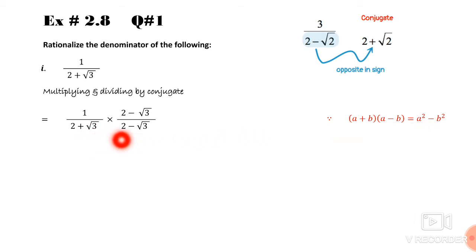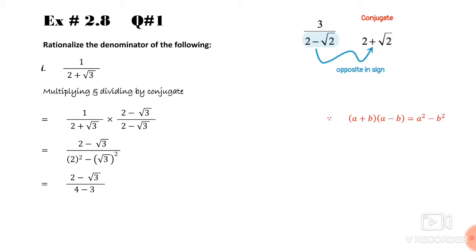When applying formula in the denominator, we will put 2 as a and square root 3 as b. Applying formula, we will get 2 minus root 3 in the numerator and 2 square minus root 3 square in the denominator. We cannot solve numerator further, so numerator will be written as it is.